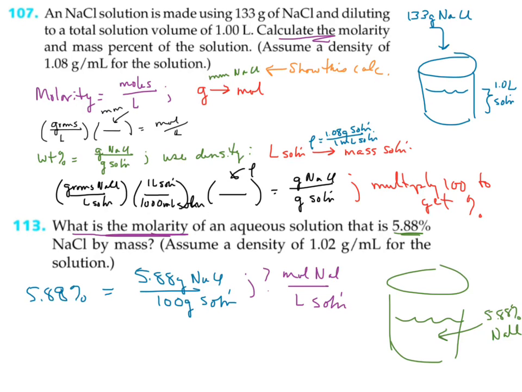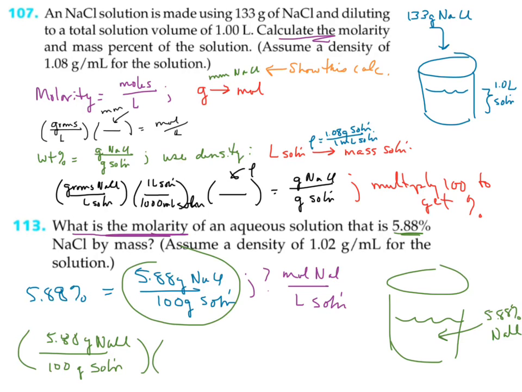So what I would do, actually when I'm working this problem, is I would start with the weight percent of the NaCl. 5.88 grams of NaCl, but I would start with the unpacked version for 100 grams of solution. And do you see where we can use the molar mass to get to moles? Then I would use the molar mass. The molar mass of NaCl will get you to moles of NaCl per 100 grams of solution.